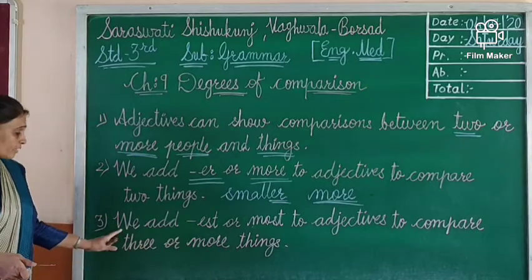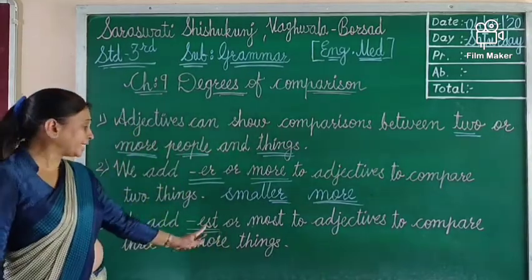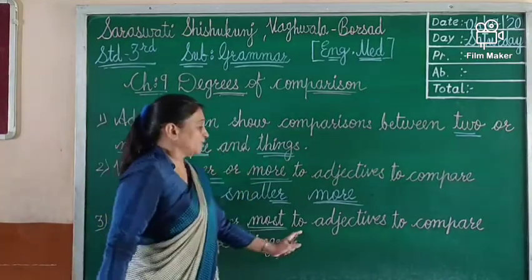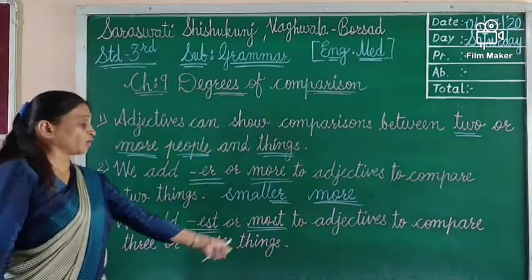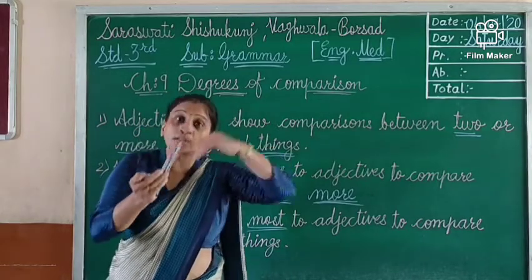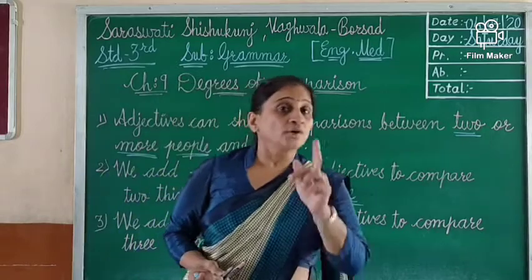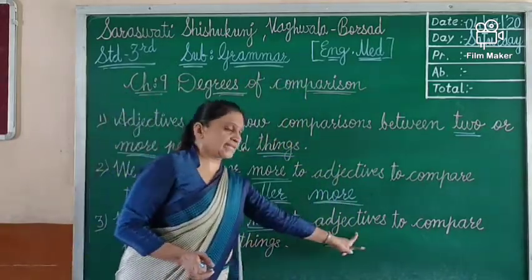Now the third rule: we add EST or most to adjectives to compare three or more things. When there are three things or more than three things, you can use EST with the adjectives.